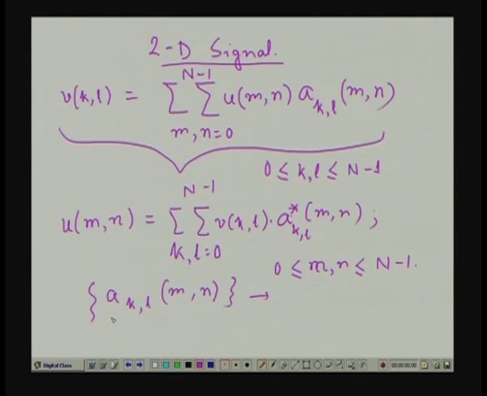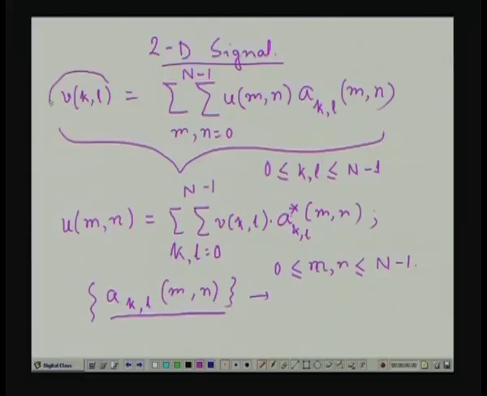So, this A K L M N is a set of complete orthonormal basis functions, and in our last class we have said what is meant by the complete set of orthonormal basis functions. And in this case, this quantity V K L, what we are getting, these are known as transform coefficients.